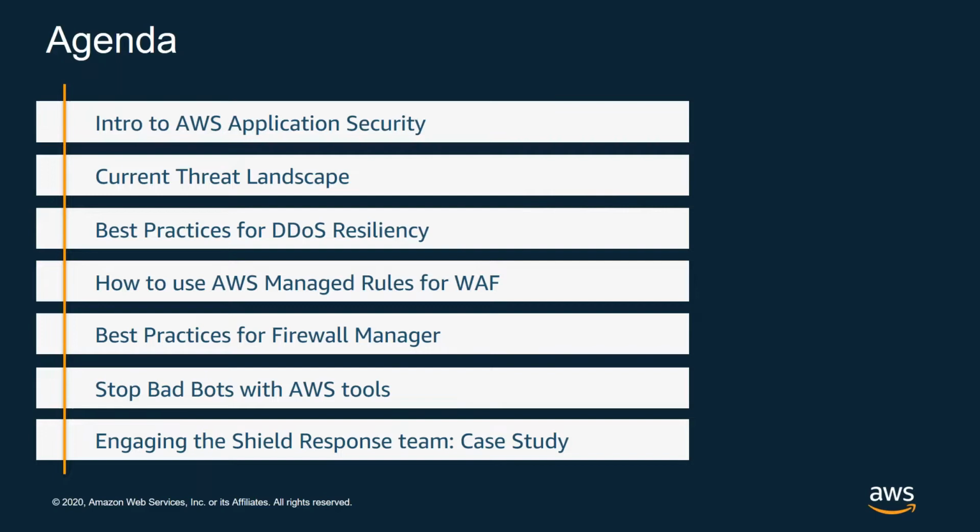We'll also review best practices for DDoS resiliency, and then we'll learn how to use AWS Managed Rules for WAF to quickly set baseline protections for your application. We'll follow that up with best practices for Firewall Manager for scaling the application of security across multiple accounts. And then we'll look into how to stop bad bots with these AWS tools, as well as engaging the Shield response team. And we'll look at a case study specific to that.